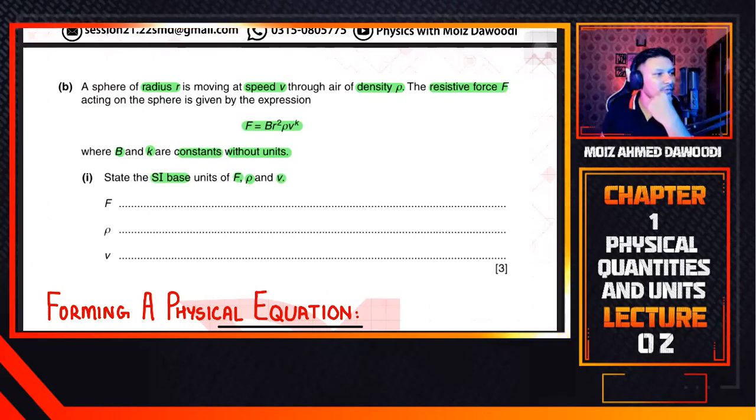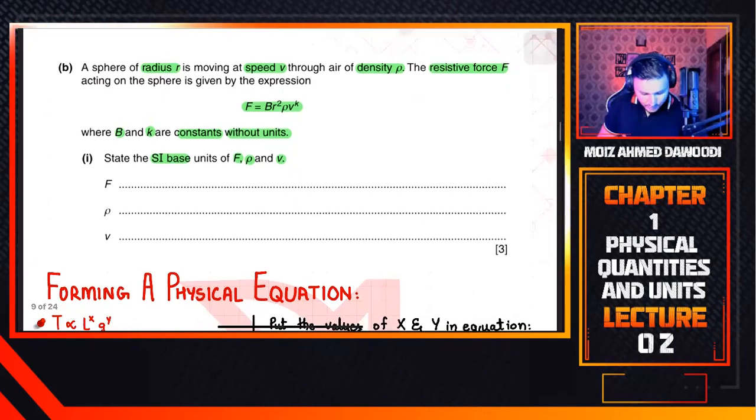Base unit of force? Yes, Iman. Sir, it is kg ms minus 2. Yes, kg ms minus 2. Remember these base units: force, speed, and acceleration. Speed has base unit ms minus 1.